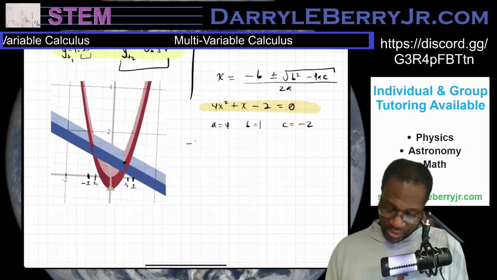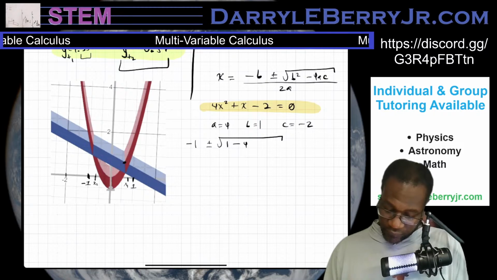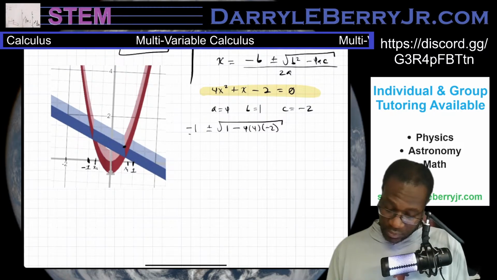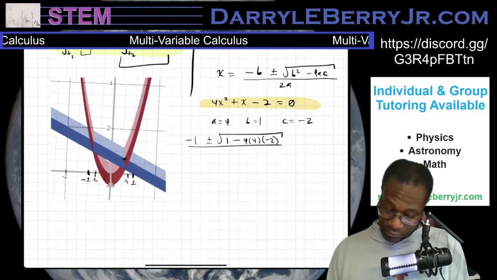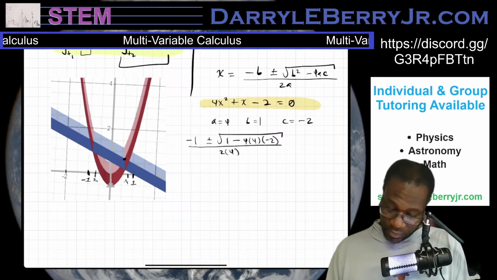So we have -1 plus or minus the square root of 1 minus 4 times 4 times -2, all over 2 times 4.